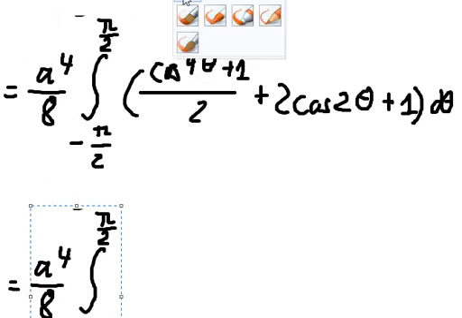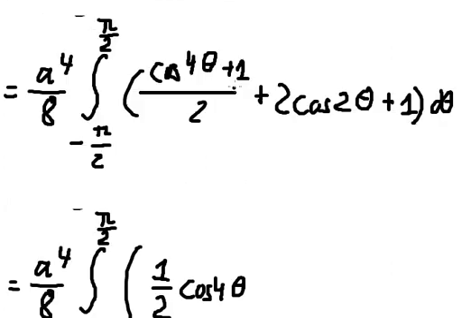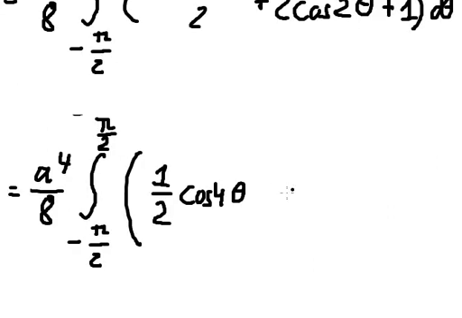So we have 1 over 2 cosine 4 theta. Number 1 over 2 plus 1, we have 3 over 2 in here.